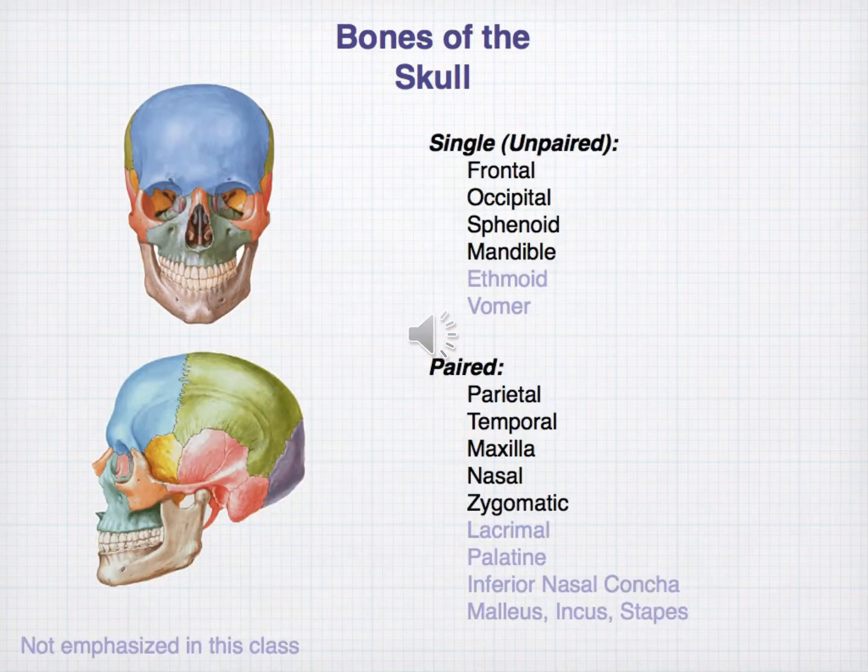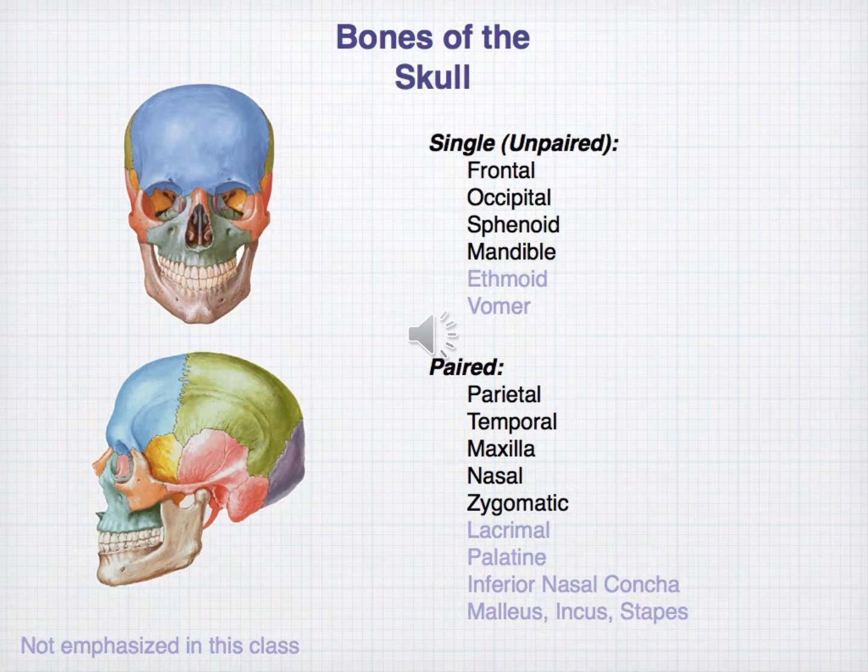There are a total of 28 bones of the skull. You may have taken an anatomy and physiology class. You may search online for the number of bones of the skull and get to a page that says there are 22. Well, that's incorrect. There are a total of 28 because what they're missing are the 3 bones of your inner ear.